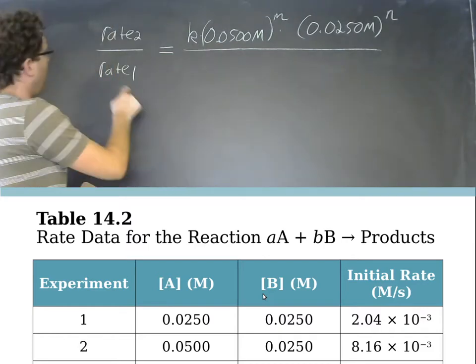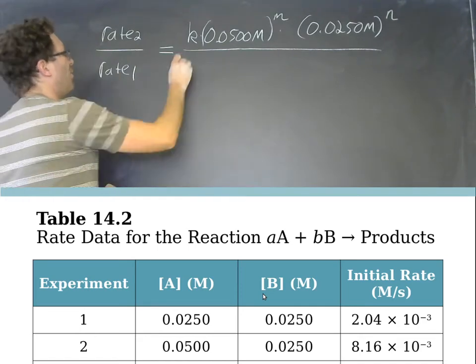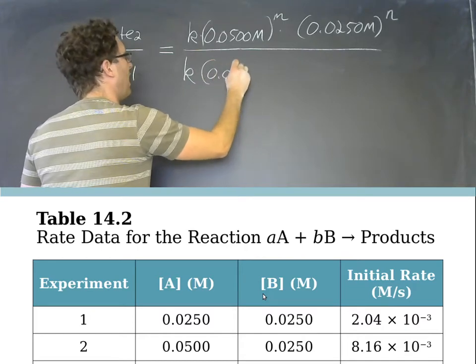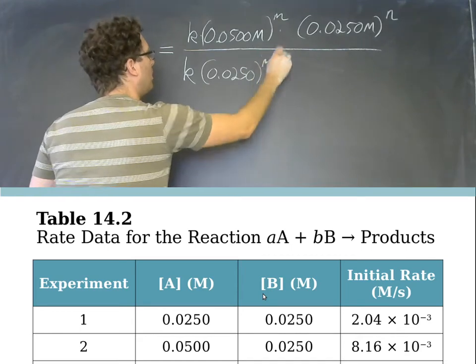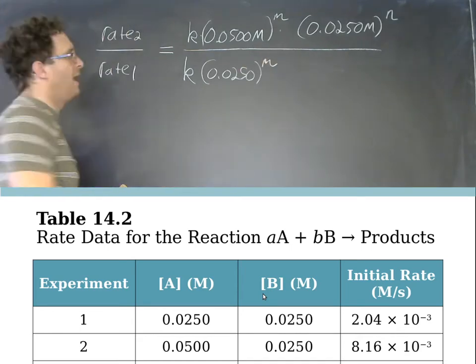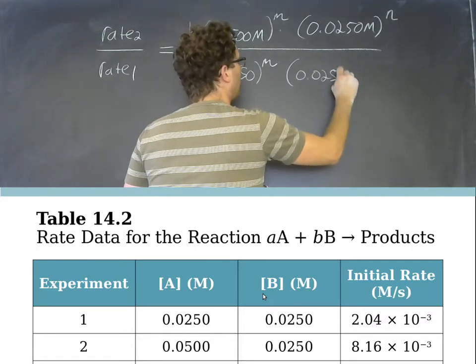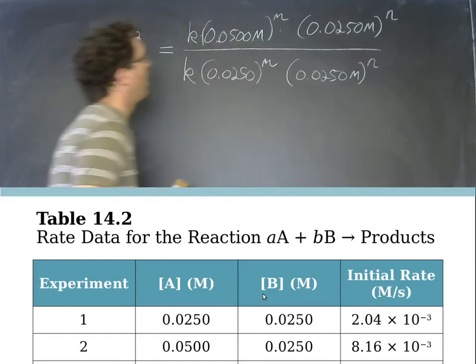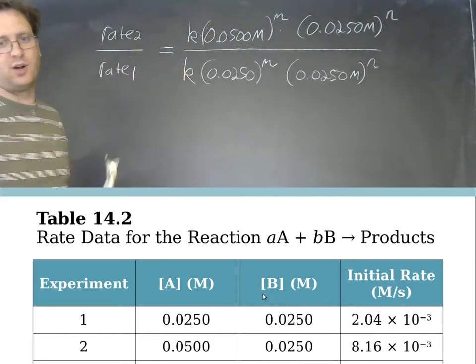And if I divide that by rate 1, well, what is rate 1? Over here it's going to be K times the concentration of A for trial 1 and the concentration of B for trial 1. So these are my conditions for trial 2, these are my conditions for trial 1.